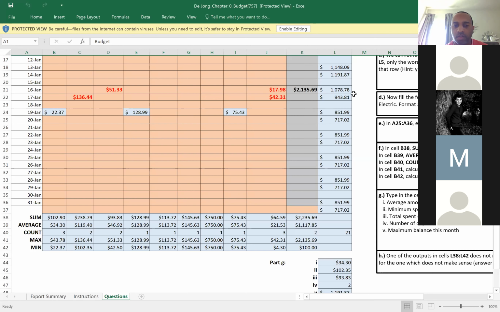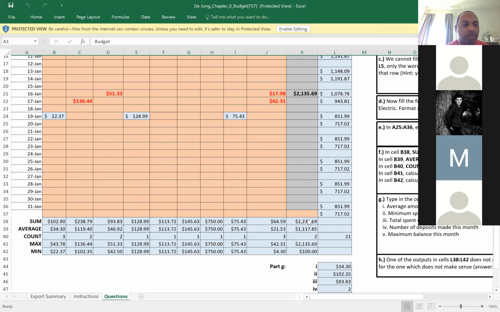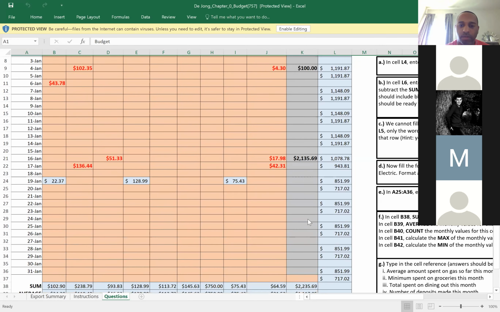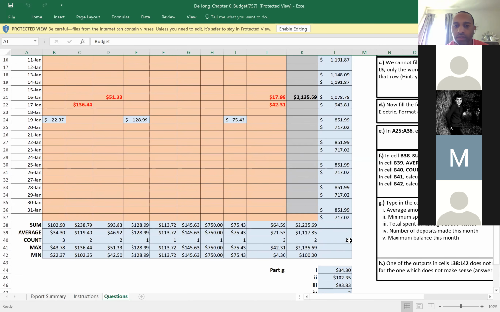My suggestion was L40. All right, L40, which is right here. So we got max count.